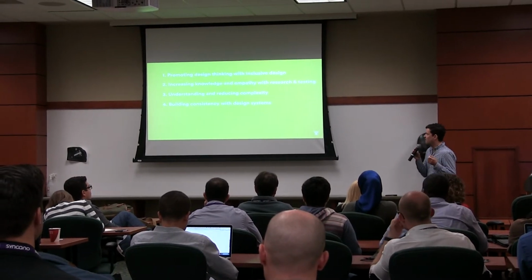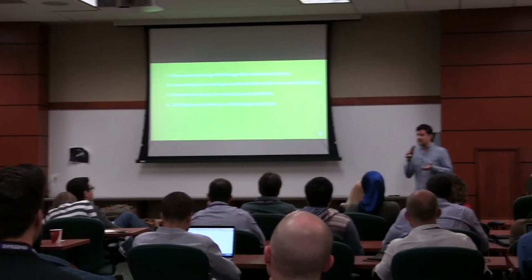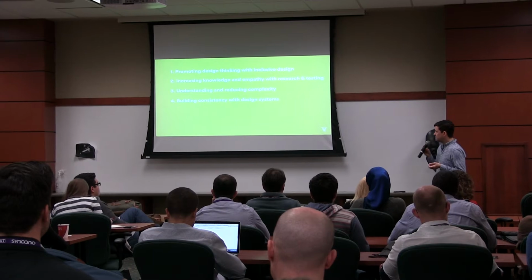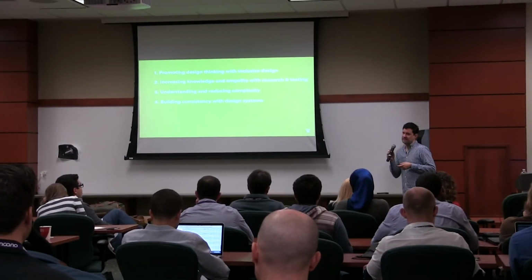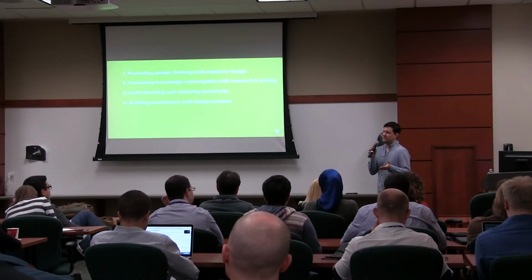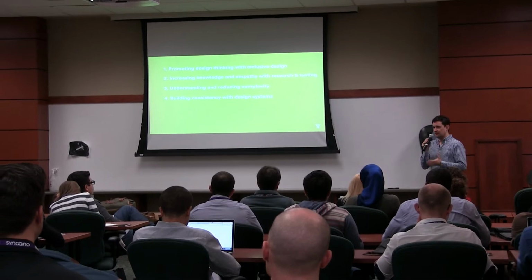So I'm going to be talking about research and testing, and some things you can do if you don't have experience doing that, and some things you can do on your own. I'm going to talk about complexity. The main reason why is that in any enterprise product that I've worked on over the years, complexity is kind of a double-edged sword.